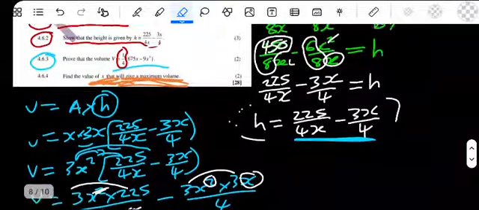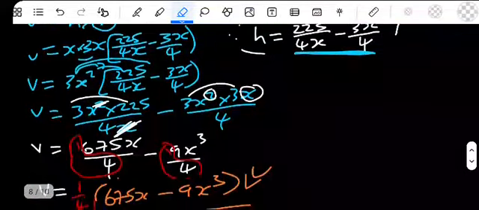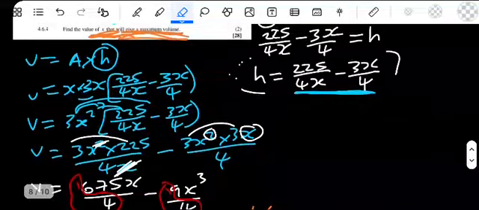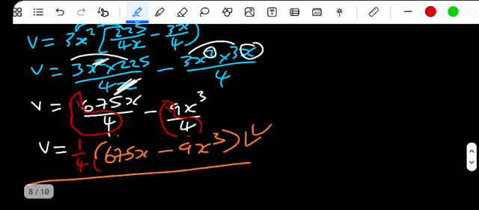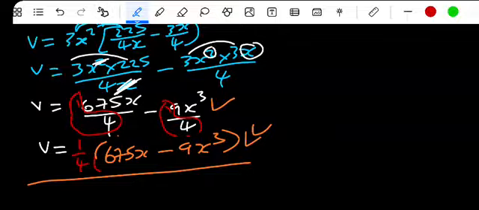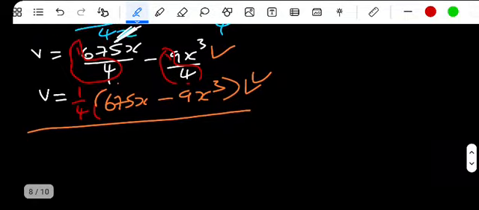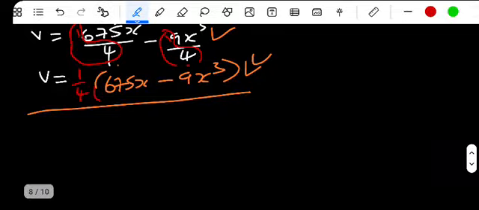Since we're differentiating the volume, I think the perfect one I will differentiate here. Yeah, let me differentiate that one since it's a volume.